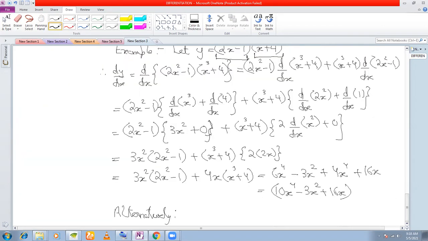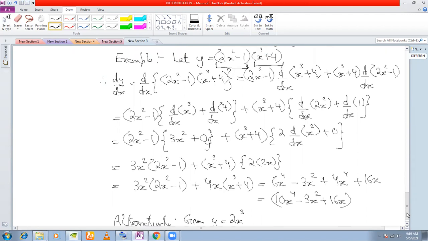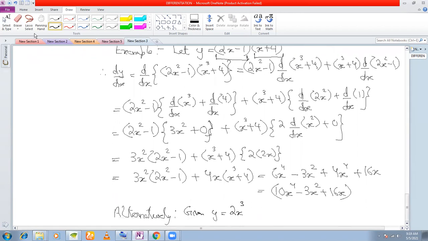Okay, we'll see how. Alternatively, what was given to you was y is equal to 2x square minus 1 into x cube plus 4.